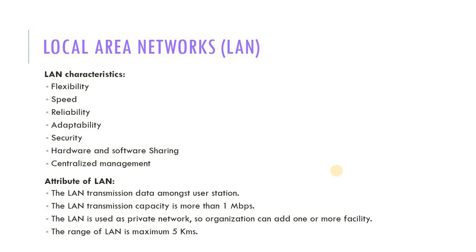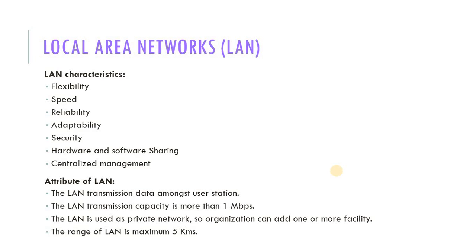Some of the attributes are: the LAN transmits data amongst the user stations. The LAN transmission capacity is more than 1 Mbps. The LAN is used as a private network, so an organization can add one or more facilities. The range of LAN is maximum 5 kilometers. So we cannot extend our LAN more than 5 kilometers.